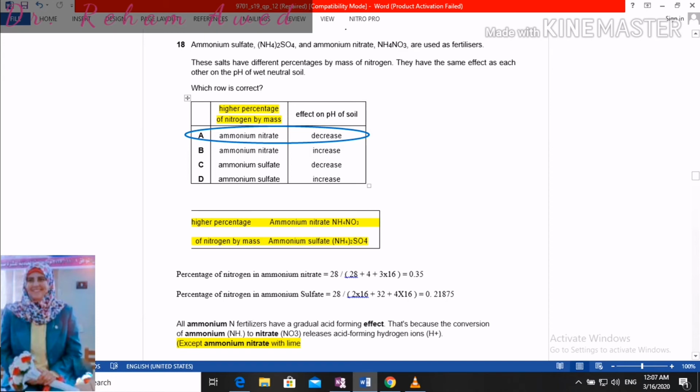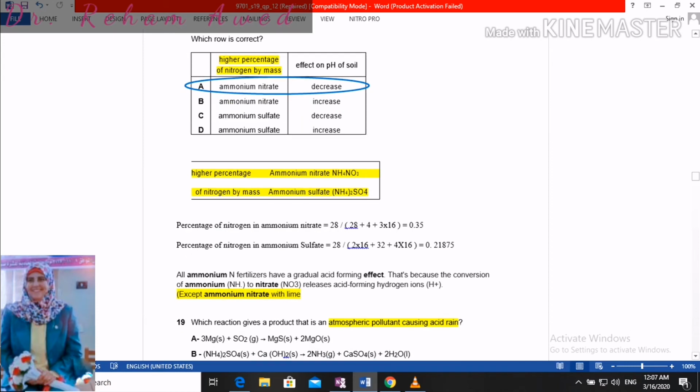Second one, we still don't know if the pH of the soil will increase or decrease. As general information, all ammonium fertilizers can decrease the pH of the soil, as they can release hydrogen ions. Hydrogen ions are responsible for the acidity of the soil.